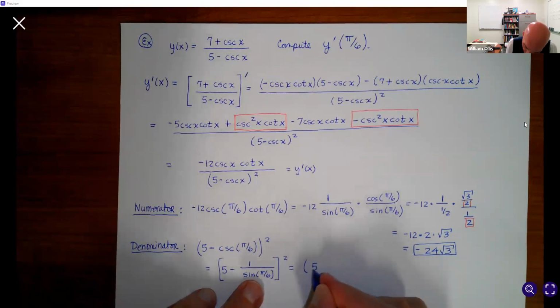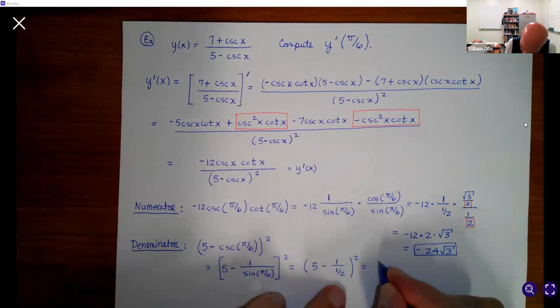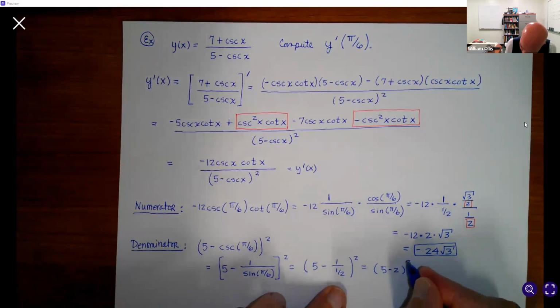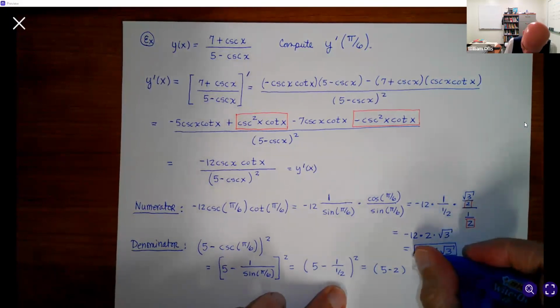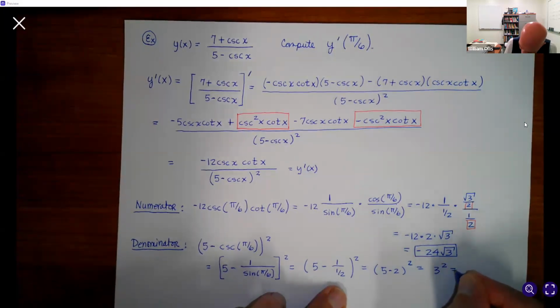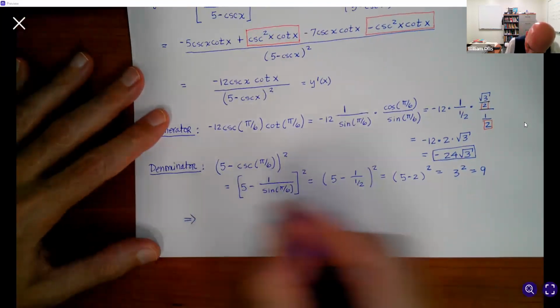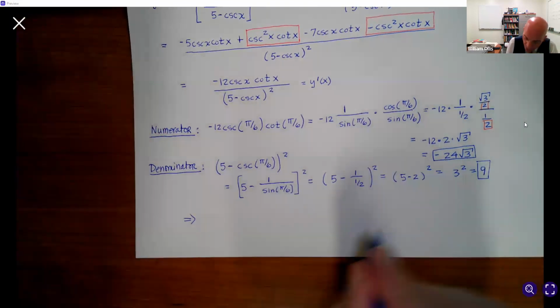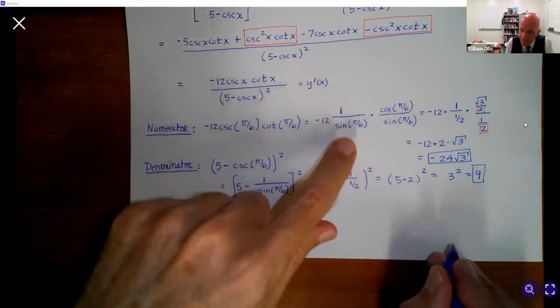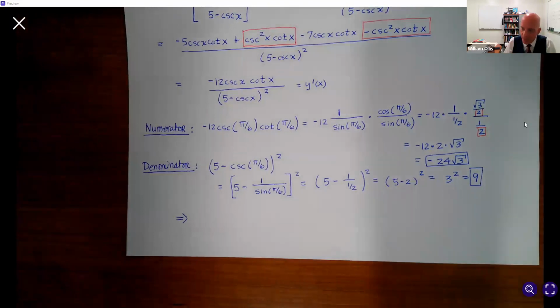So we get 5 minus 1 over 1/2. Well, that's nice. So that's just 5 minus 2 if you reciprocate it. 5 minus 2. Well, now I'm thinking of that result, I would better keep my power to be 2. So this is 3 squared, or 9. So now we've got our denominator. You can do everything in one piece, but since they're kind of busy, if you break it up, it's not bad. When you first start, break things up into pieces.